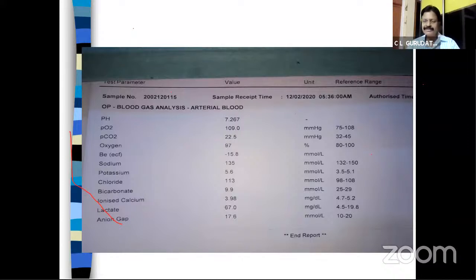Now in this patient, you calculate the hydrogen ions using this formula: hydrogen ion is equal to 24 into PCO2 divided by the bicarb. And 80 minus the last two digits should be the hydrogen ions. If both are correlating, then you know that whatever values are there are authentic. This is one thing to start with.